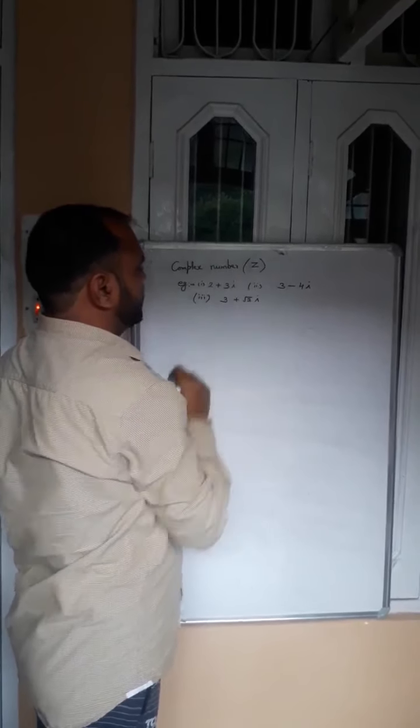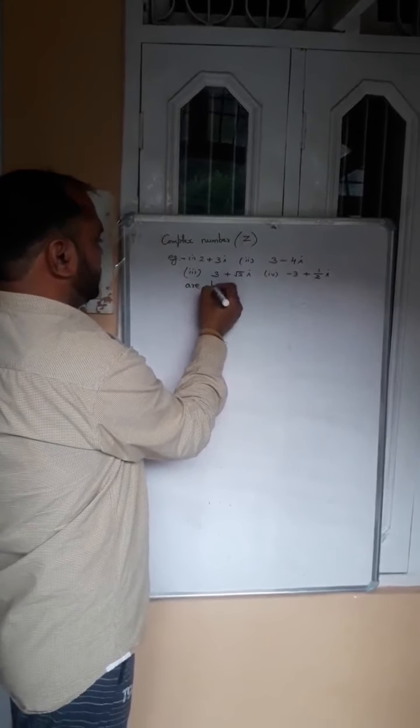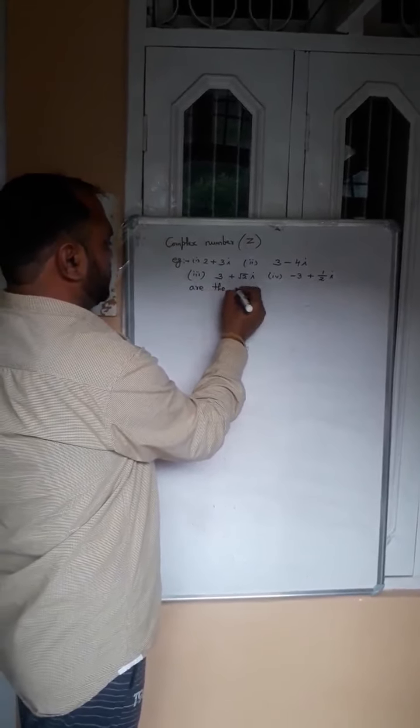The next example is -3 plus 1 by 2 iota. So these are the examples of complex numbers.